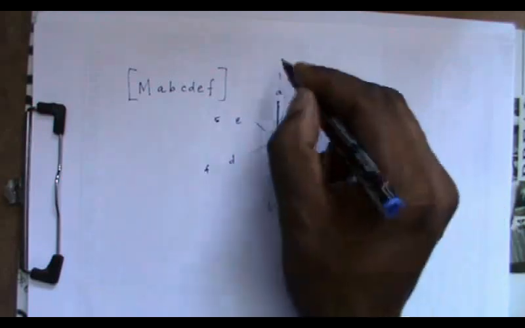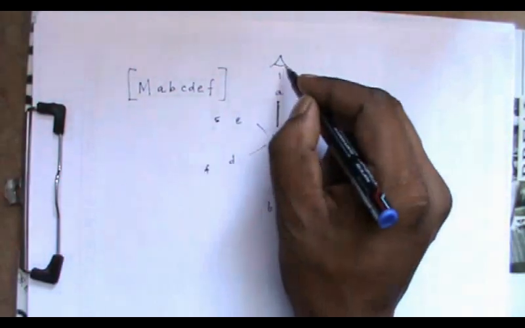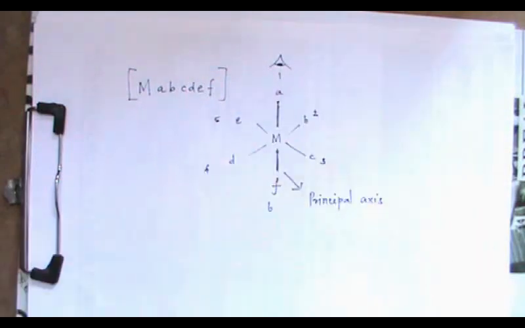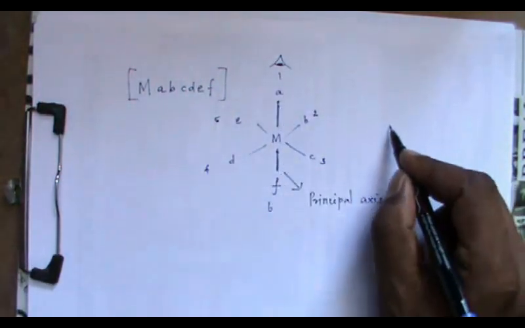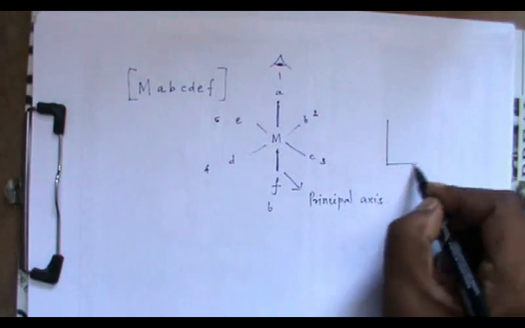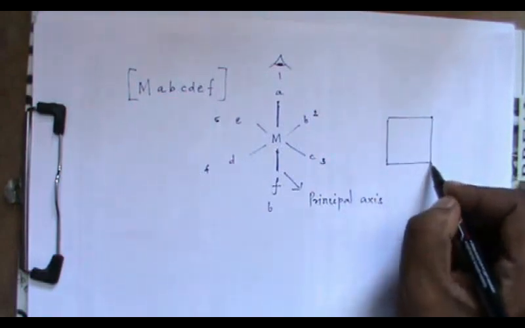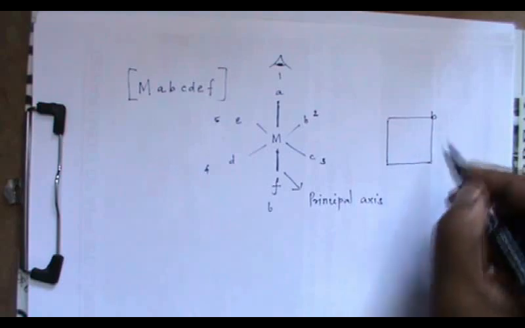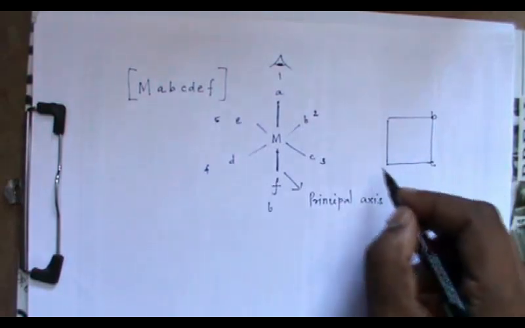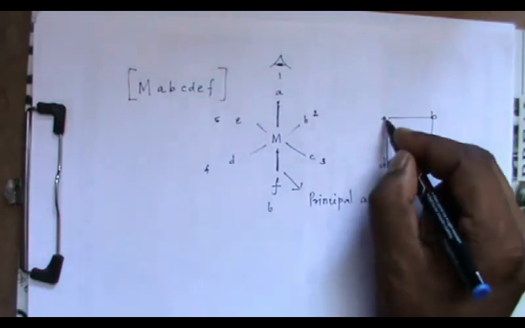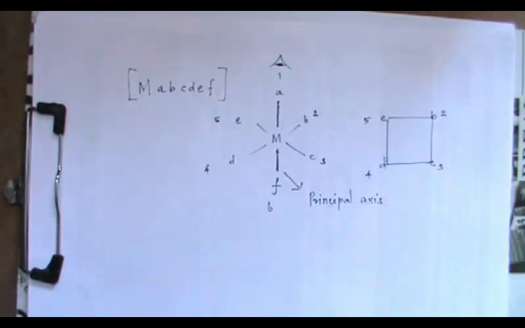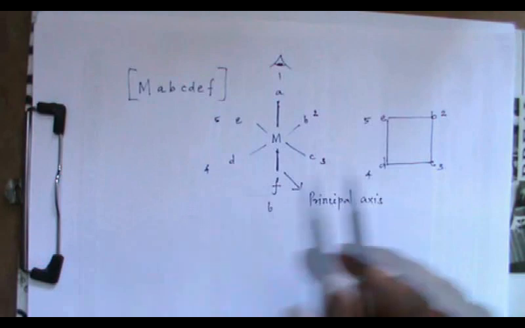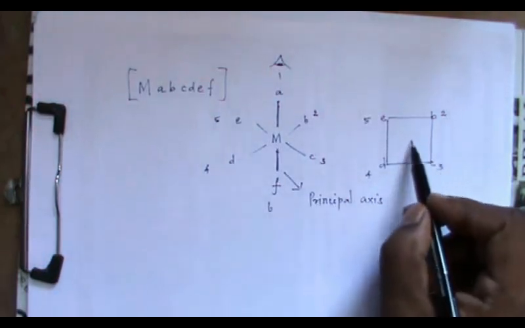You have to view the molecule through this principal axis. When you view through this principal axis, we will find only a square planar complex. B is here, C in this corner, D is here and E. 2, 3, 4 and 5. This is the principal axis.